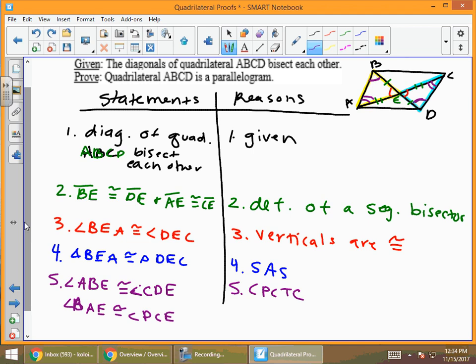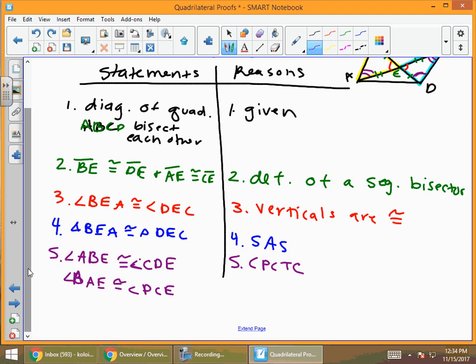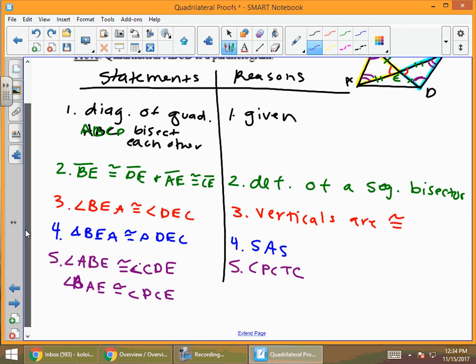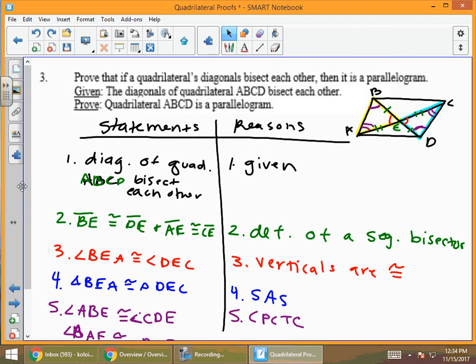So we just showed that alternate interior angles are congruent, so we can say that those lines are parallel. We can state that AB is parallel to CD.